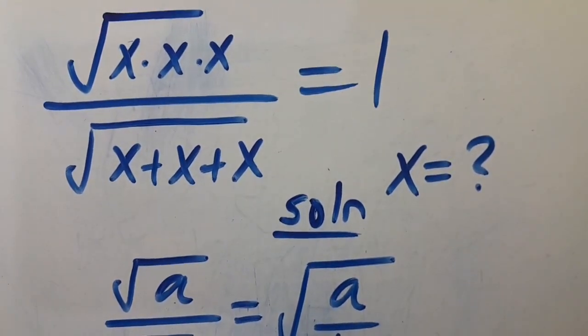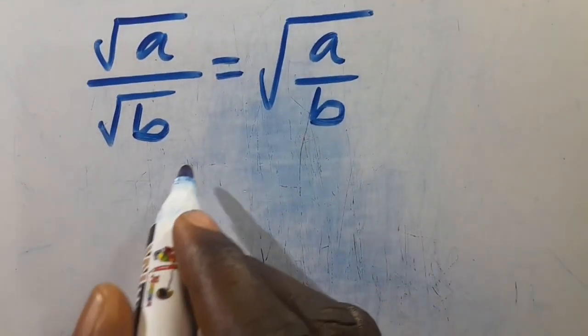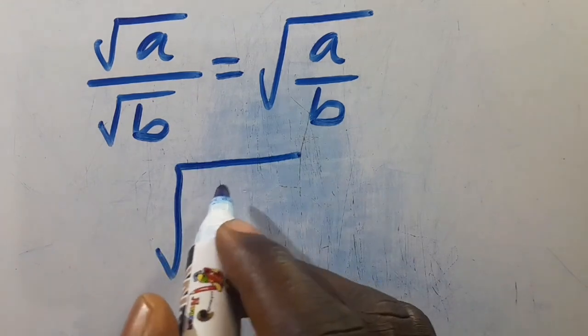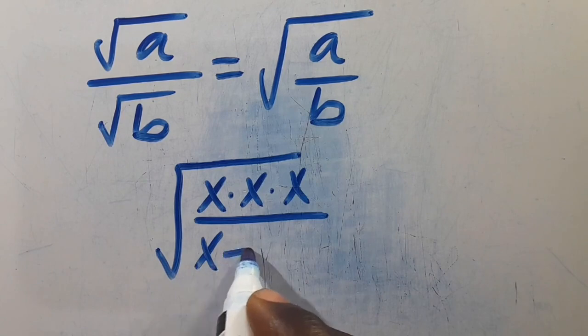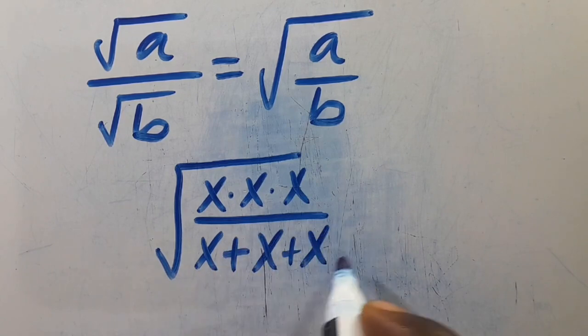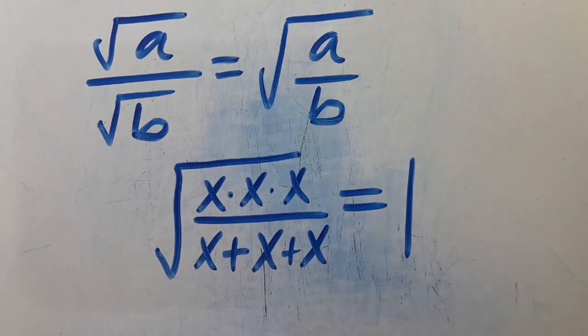So when you apply it here, you can simply have root of x times x divided by x plus x equals 1.